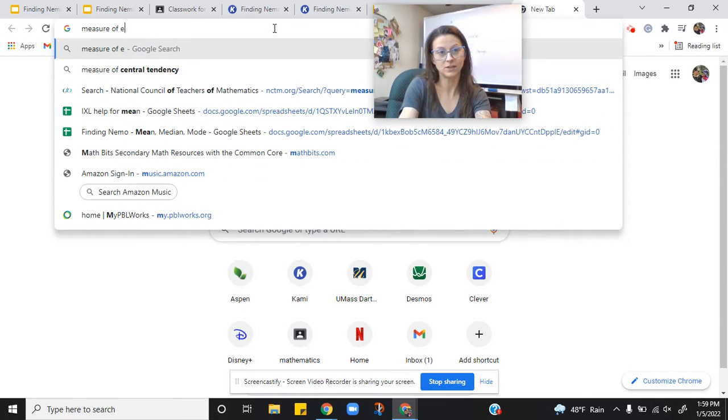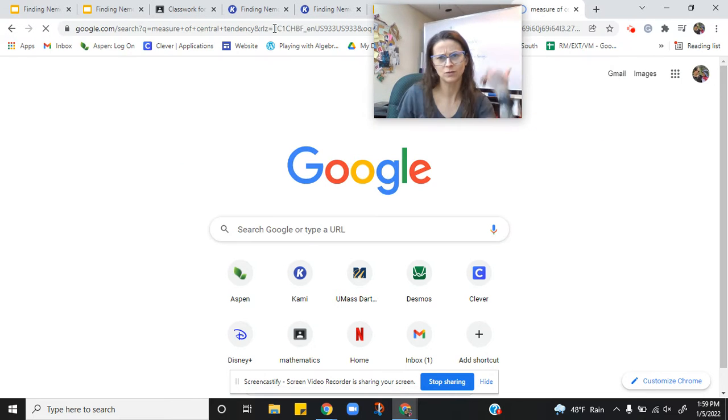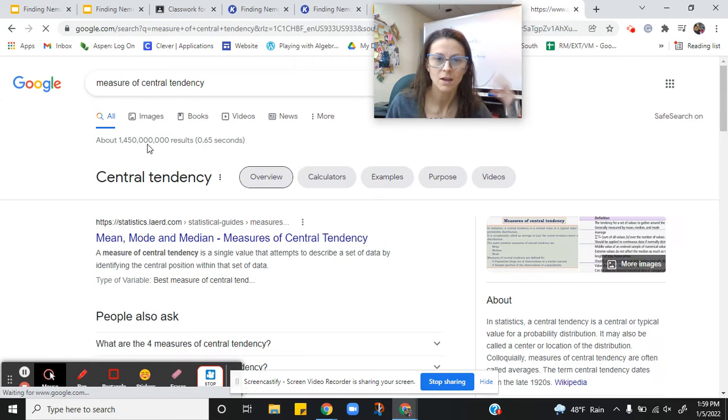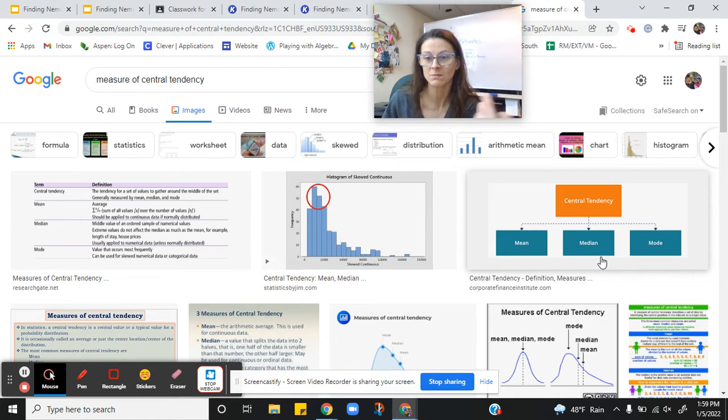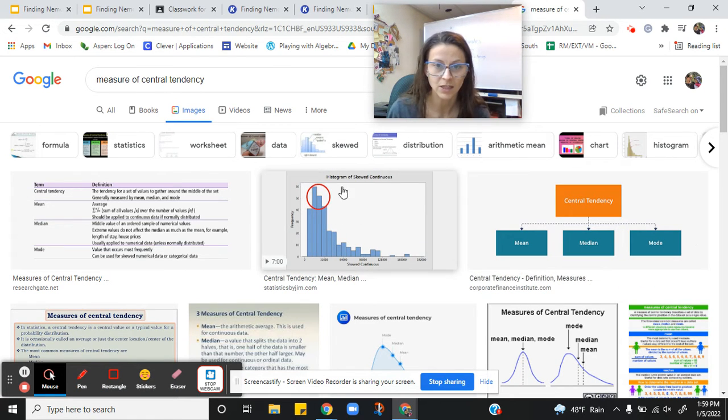So measures of center, and I love typing in Google because you can get quick. I go to images and I see what's going on here. Okay, so we have mean, median, and mode. Central tendency. This is a skewed histogram. You all can recognize this, which shows that the mode is way to the left of the histogram.